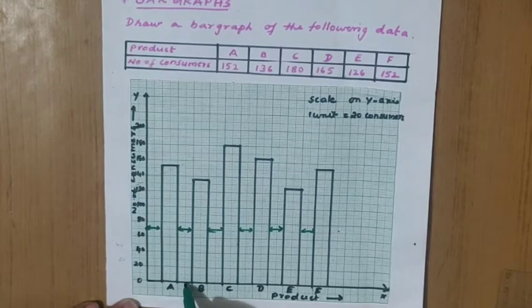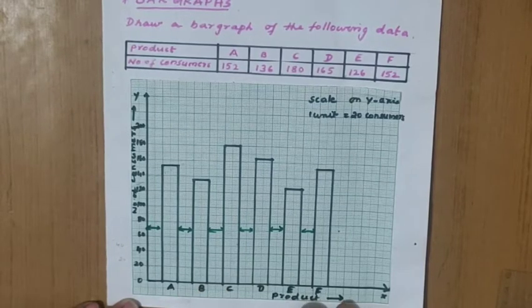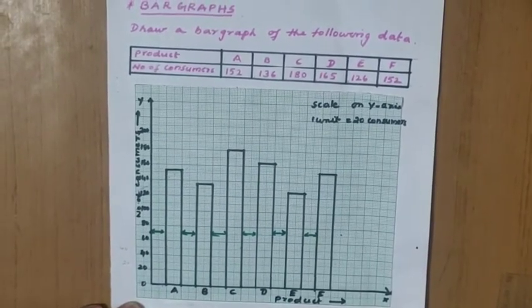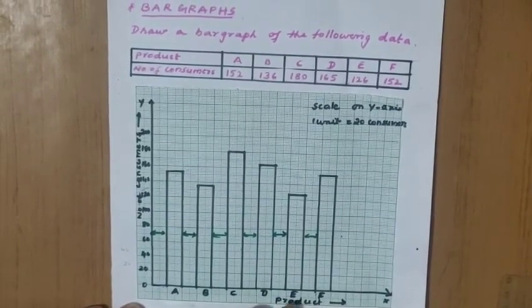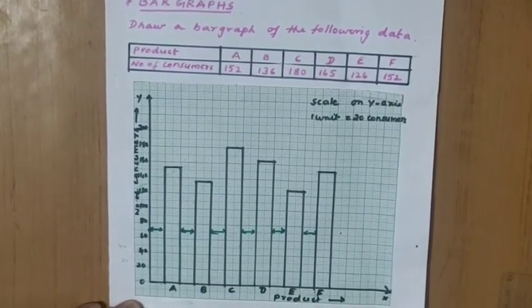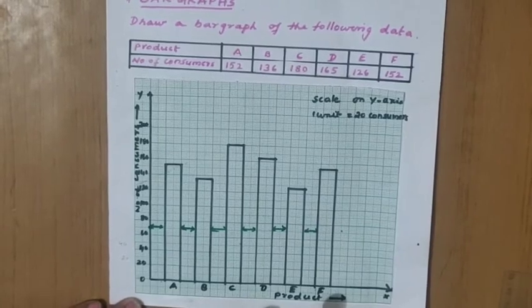They will take 2 centimeter, and in between after the bars they will go for 1 centimeter. That is wrong. Everywhere you have to keep the same width. If it is 1 centimeter here, also 1 centimeter, and 1 centimeter, like that. If the number of bars is less, you may go for 2 centimeter, meaning everywhere a 2 centimeter gap you should see. That is the important thing.